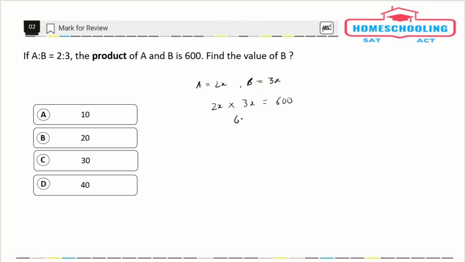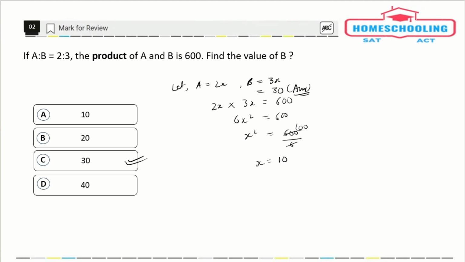This can be written as 6x square is 600. So x square would be 600 divided by 6, that would be 100. So x would be under root 100, that would be 10. So the value of B is 3x, so 3 into 10, 30. So this is your answer, option C is your correct answer.